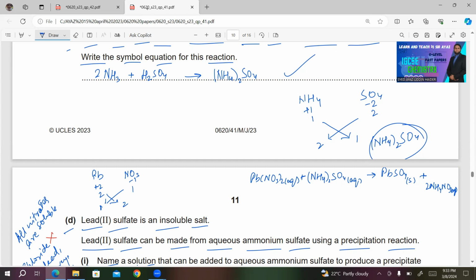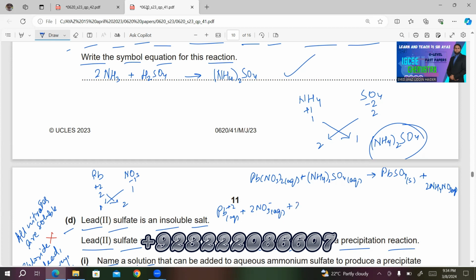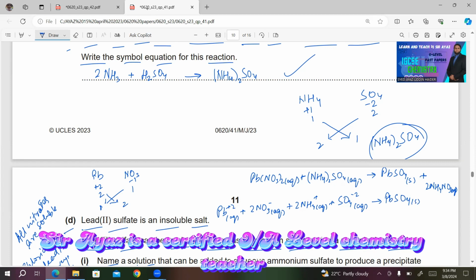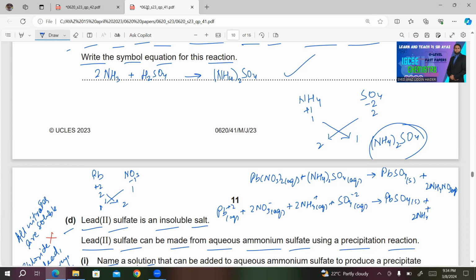For Pb, we have Pb2+ aqueous, plus 2 moles of nitrate ion, 2NO3- aqueous, plus 2 moles of NH4+ ion, plus aqueous, 1 mole of sulfate ion, SO4 2- aqueous, gives PbSO4, which will remain as it is because it is in the solid state, and 2NH4NO3, 2NH4+ aqueous plus 2NO3- aqueous.